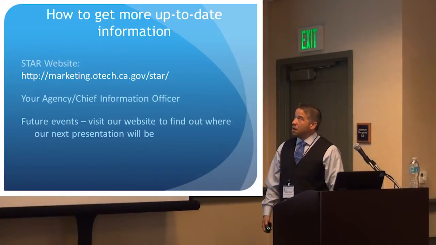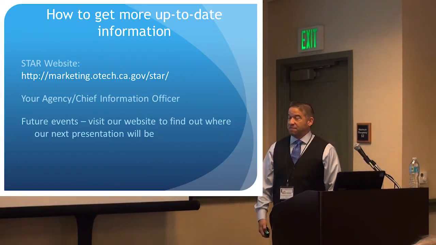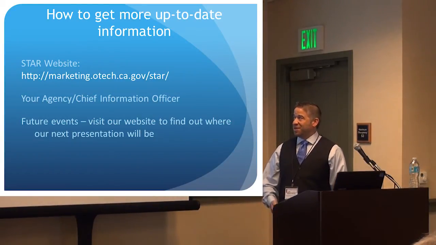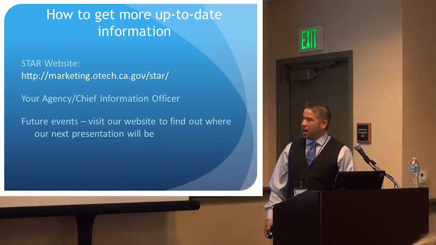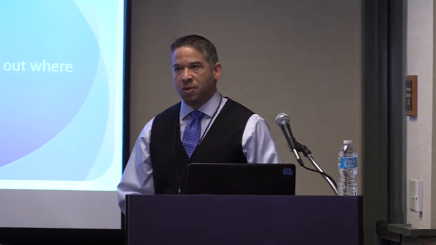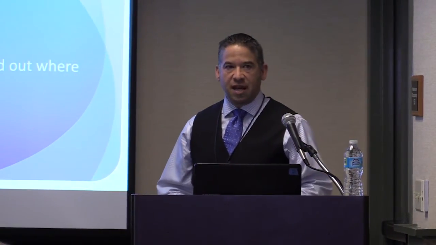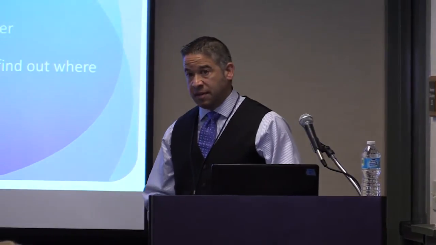So how to get more up-to-date information about our project? If I didn't provide you enough, there is more information on our website. There's the web address. Talk to your agency information officer, your chief information officer for your department. We've been actively engaged with them, and several of the different agencies' AIOs are actually on the policy and procedure development team.